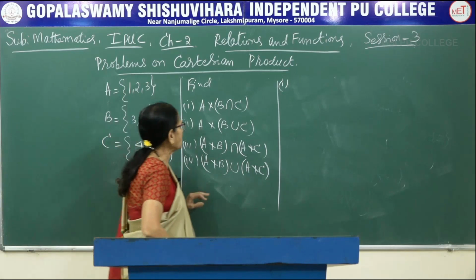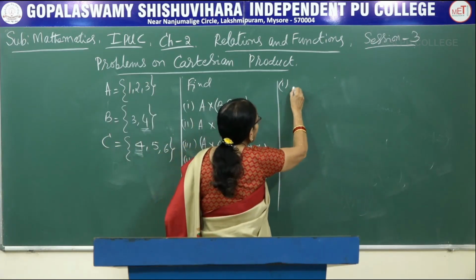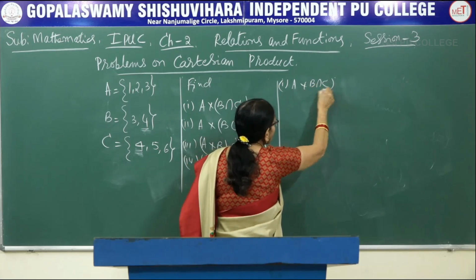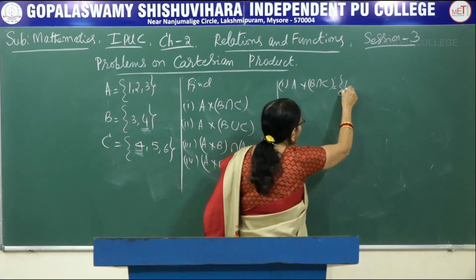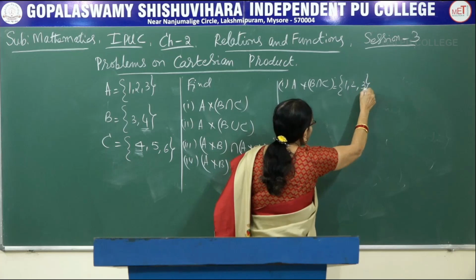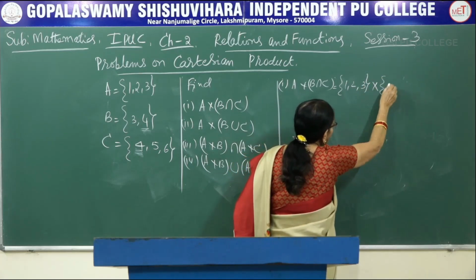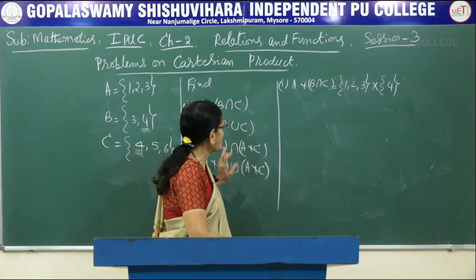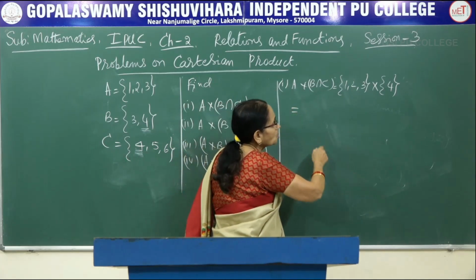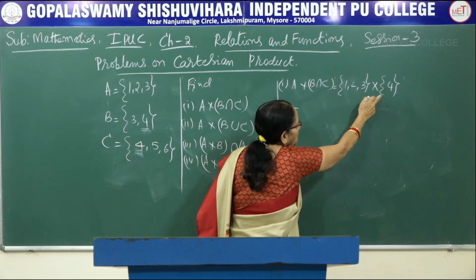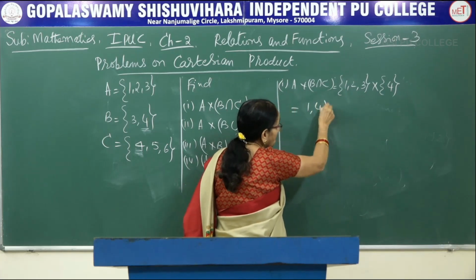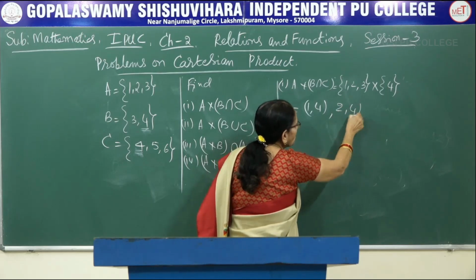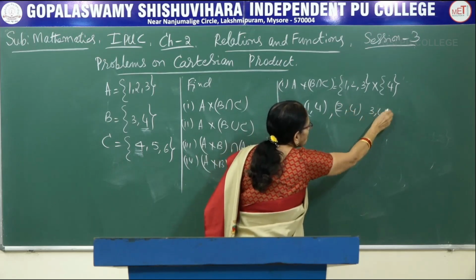Therefore, you write here. What does A contain? It is A cross B intersection C. A is having 1, 2, 3 cross B intersection C is having only one element, singleton, 4. Now cross, what do you mean by cross? Each one should be taken with that one in the ordered pair, 1 with 4, 2 with 4 and 3 with 4.